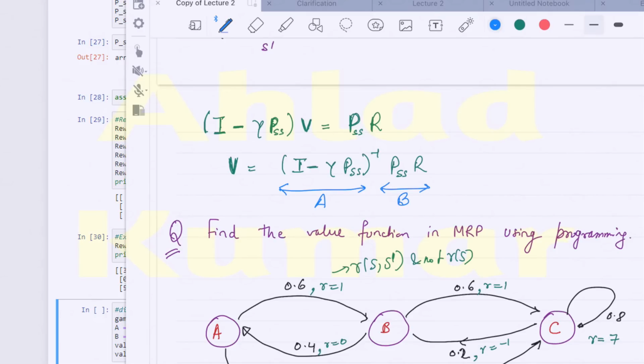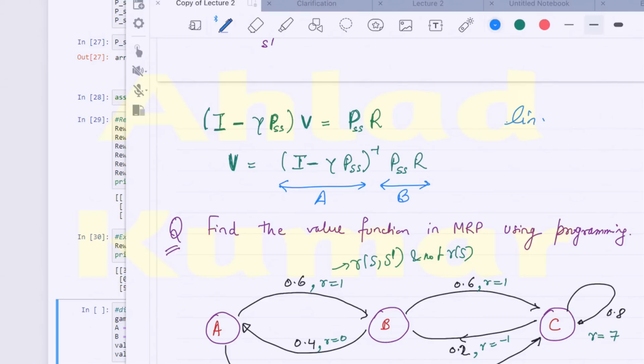So now what we are doing is calling a function linalg, which takes two arguments, a and b, and what it is trying to do is solve ax equal to b. So it will try to find the value of x from this system of equations.